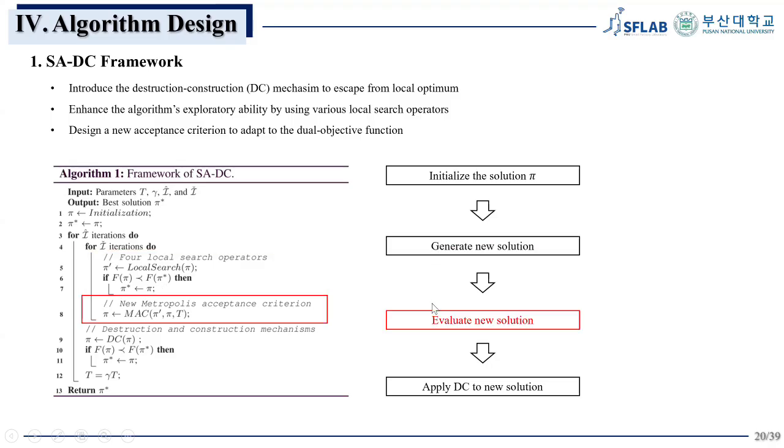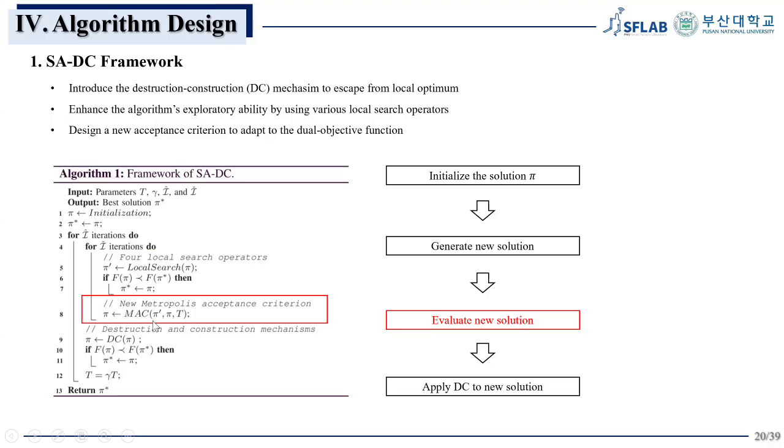And then we evaluate the new solution using the acceptance criterion, which is the comparison between the new solution, the current solution, and also the temperature. So we will obtain the current solution pi here.